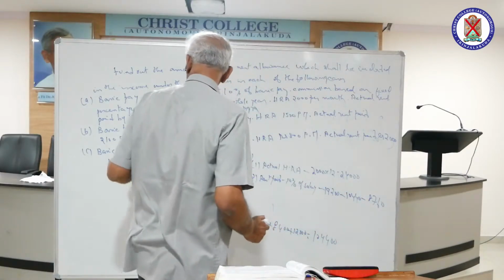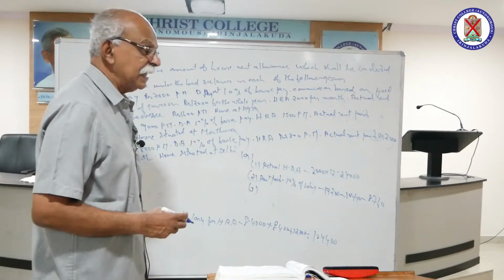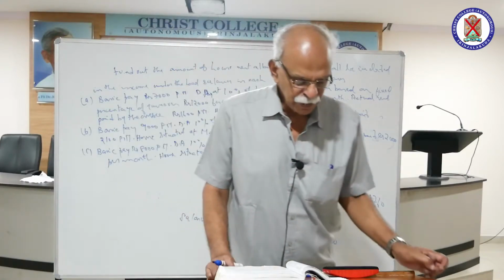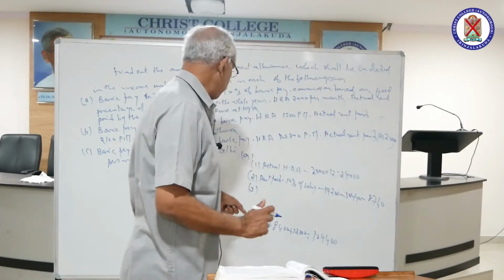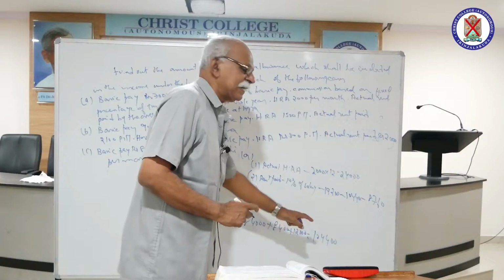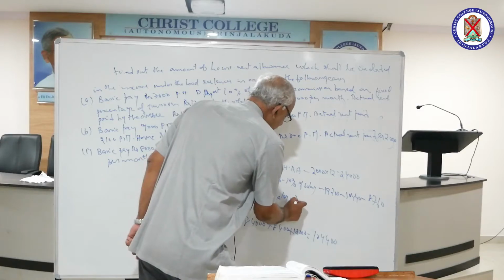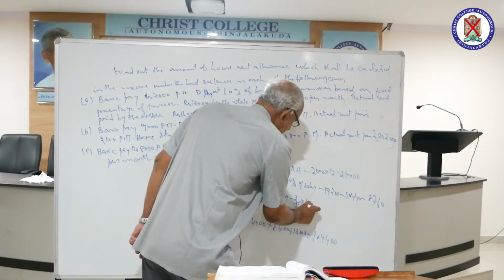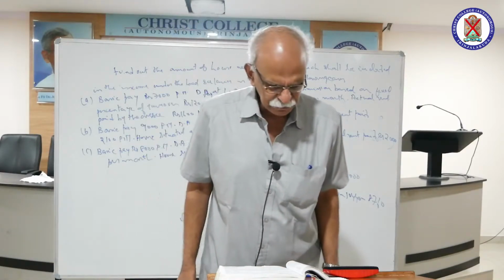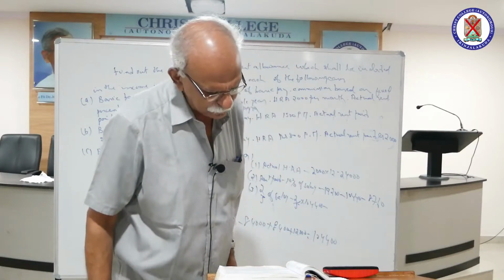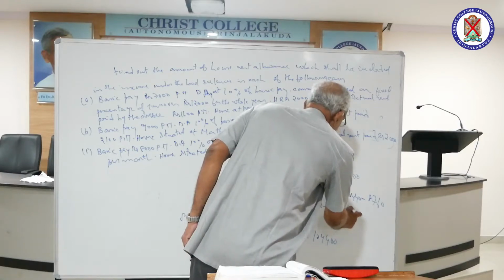See, the third is what? Here the house is situated in Agra, so it is 2/5 of salary. 2/5 of salary is how much? 2/5 of 1,04,400, how much does it come to? 41,760.